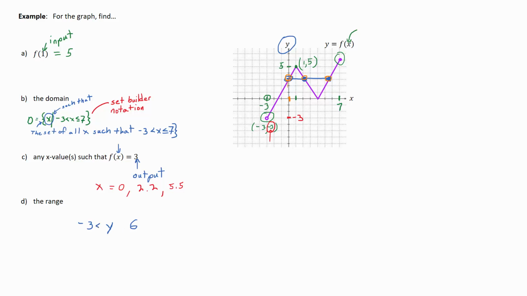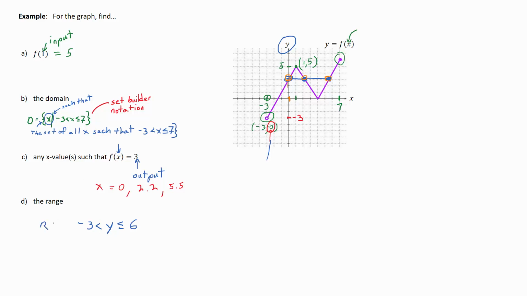The height of this graph never quite gets to -3 right there. So strict inequality right there. And then y does get to a height that's 6, again, because that's a closed circle versus over here, that's an open circle. So less than or equal to. And again, we're going to use the set builder notation.